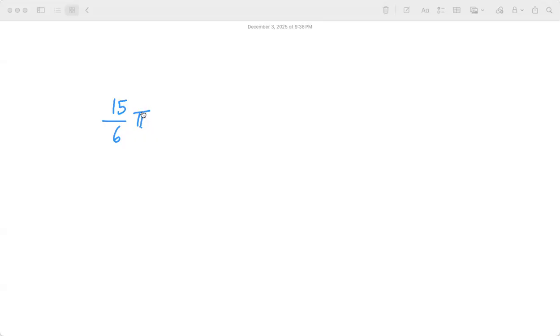Which quadrant will it come in? Miss Priya, what do we do if it's in the middle of two quadrants? Exactly, yeah, because 15 divided by 6 is 2.5. So 2.5 pi.